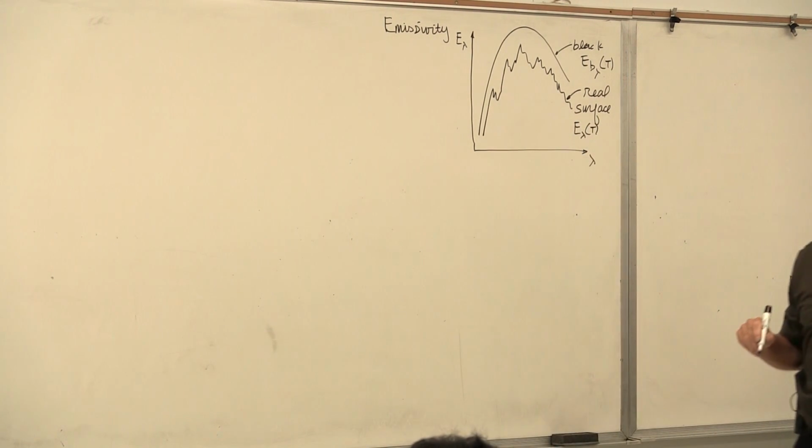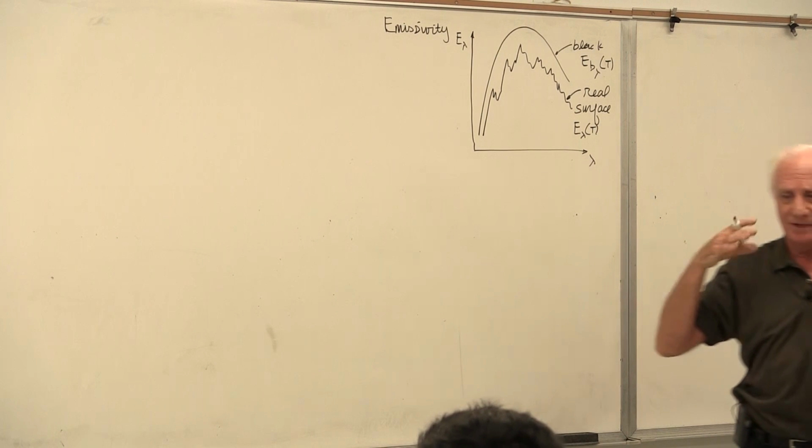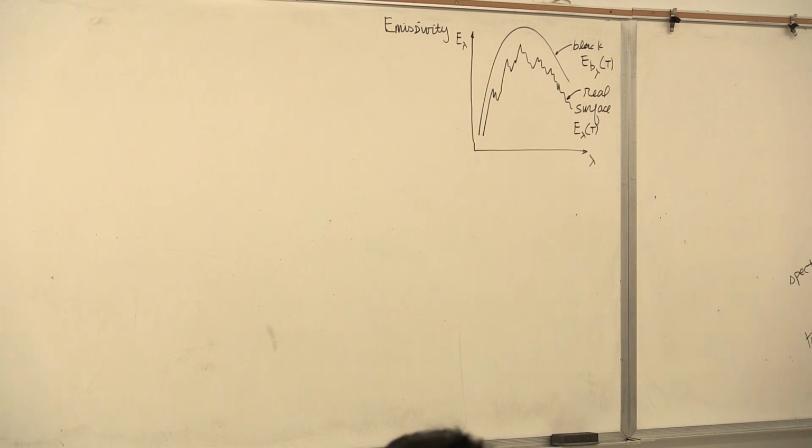That real surface is jagged because it's not a nice smooth curve. It might be this gray paint in the room on the wall. So this would be the real surface.